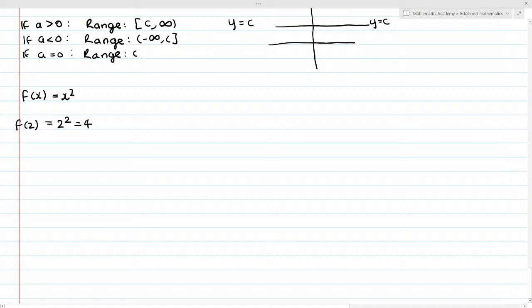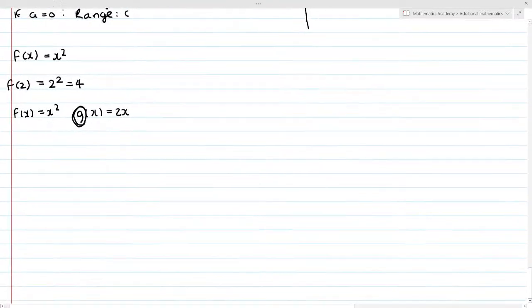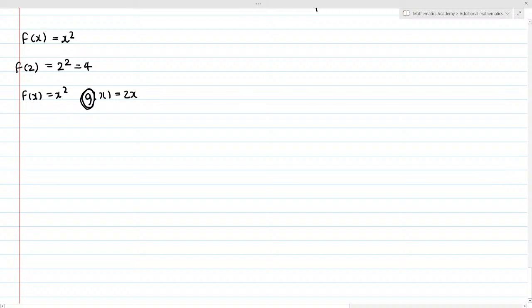Now suppose we have two functions, f of x equals x squared, and g of x equals 2x. Notice the g that I added here, that's just another way to show that this is a different function. I can't use f of x again, because I might get confused about which function I'm talking about. Now, if I do f of 2, I still get 2 squared, and if I do g of 2, I get 2 times 2, which is 4.